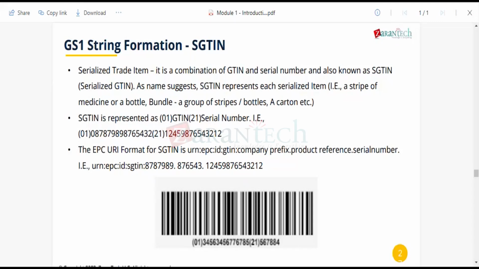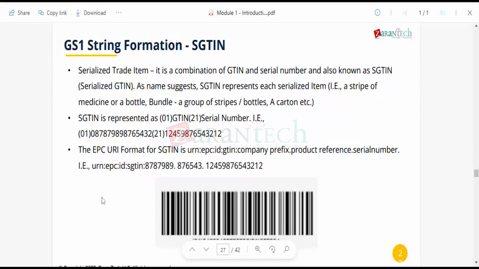As the name suggests, SGTIN represents each serialized item, meaning a strip of medicine or a bottle, etc. So when a bottle is at the packaging line, let's say, it is just an item. But when a barcode is fixed on the bottle, it is known as a serialized product. And the SGTIN format is the 01 and 21 format.